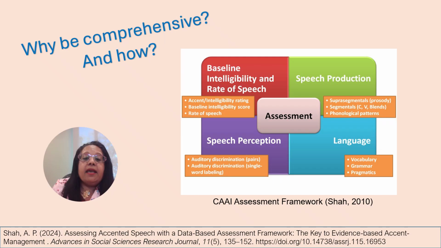All of this is always preceded with a good baseline of intelligibility measures, rate of speech, and the degree of accent.